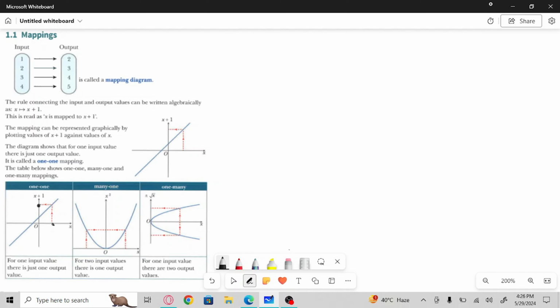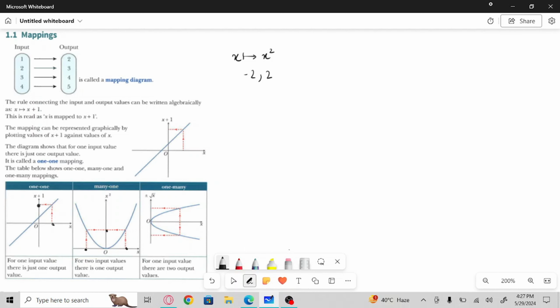In terms of many-one mapping, we give in two different values, and from those two values we may get one output. So for example, I take x is mapped to x squared. If we take any two values, for example -2 and 2, I'll discuss why I chose -2 and 2 specifically.